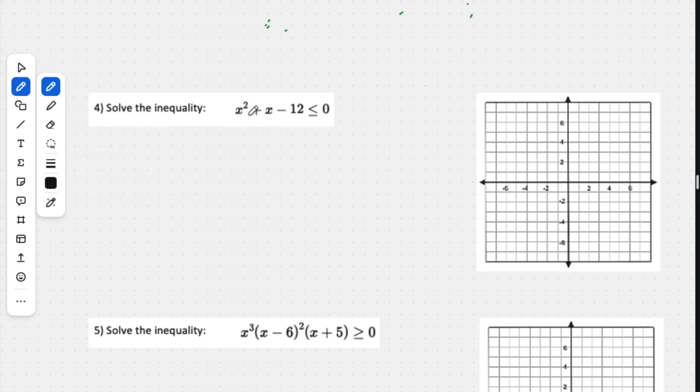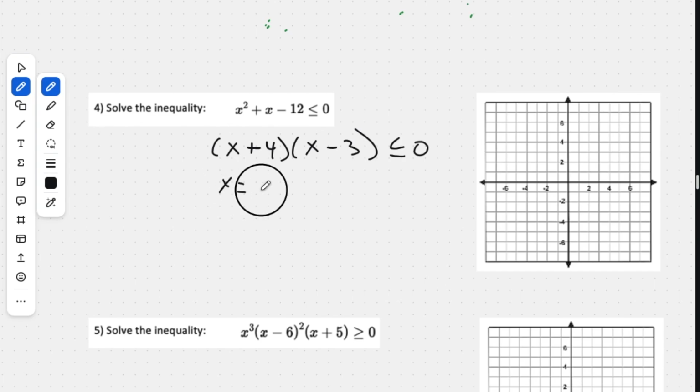Solve this inequality. Okay, so the first thing I need to do is get that factored so that I can see what's going on. -12 adds to 1, so it sounds like a +4 and a -3. And I want less than or equal to 0, so I'm going to want the region underneath the x-axis.